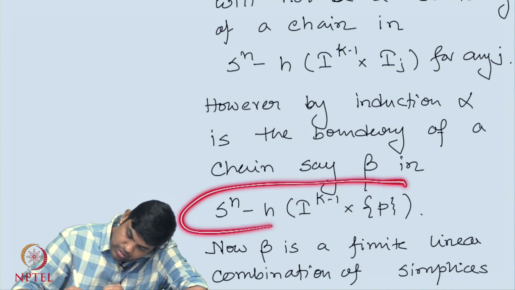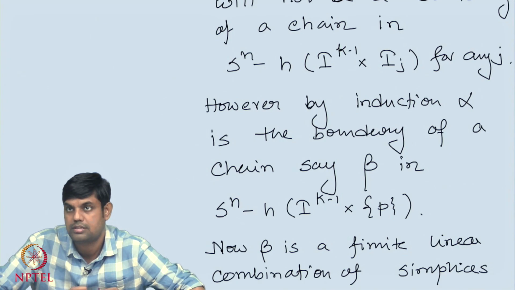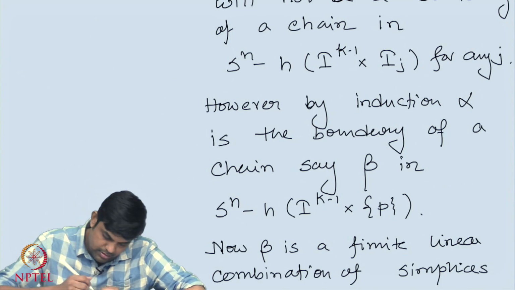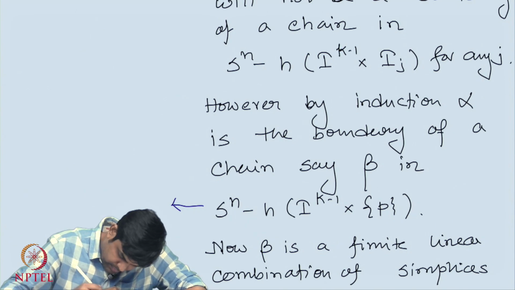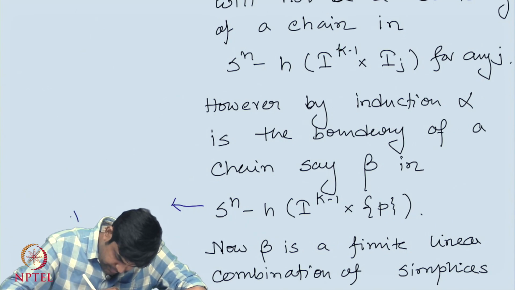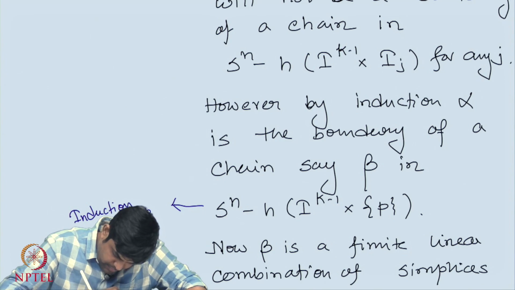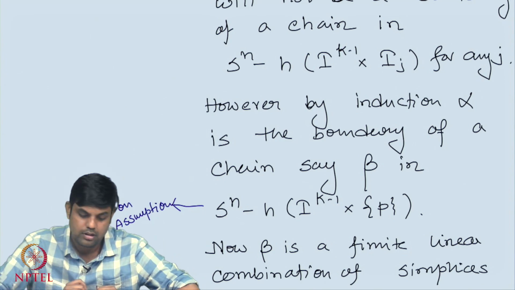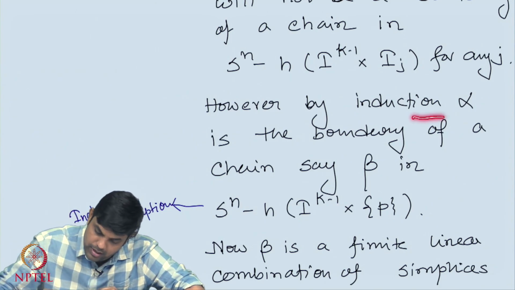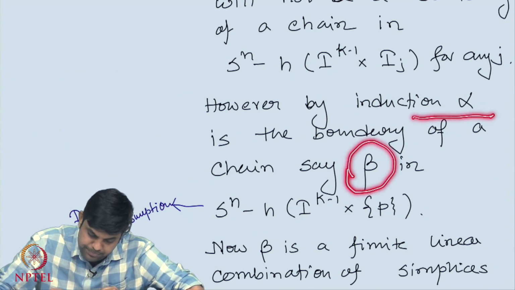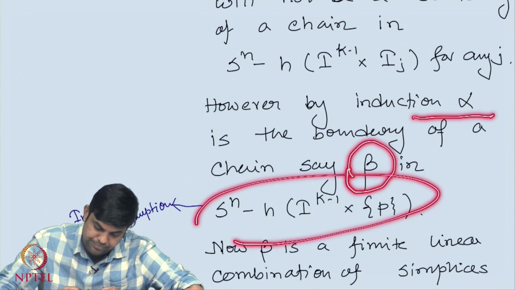Here I know that every reduced homology is trivial, it is acyclic. This is by the induction assumption. So, this is the induction step.